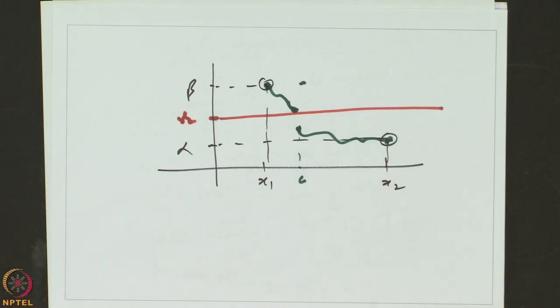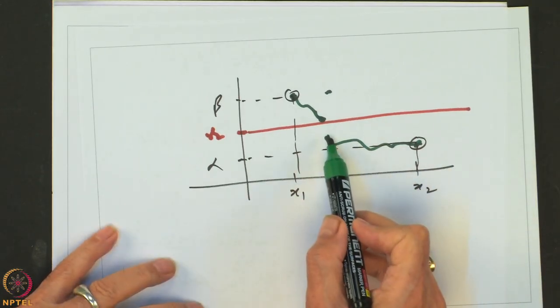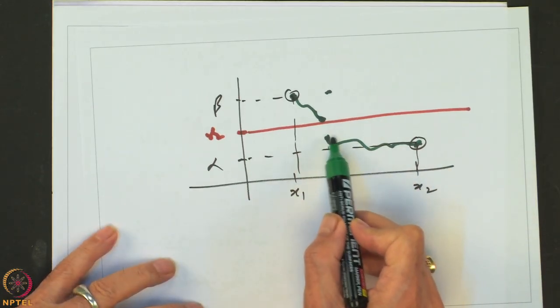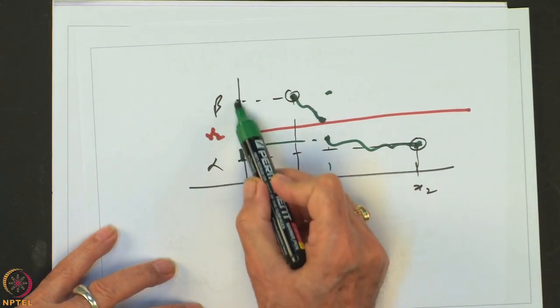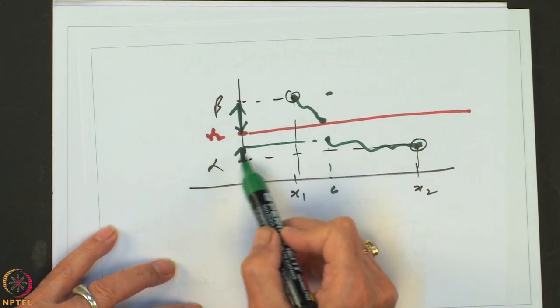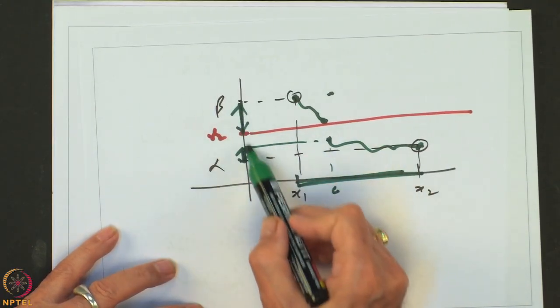So, there will be a discontinuity in the graph of the function. And if this is the scenario, then what is the range of the function? The range of the function will be this part and this part, where the domain is this, the range is two parts.